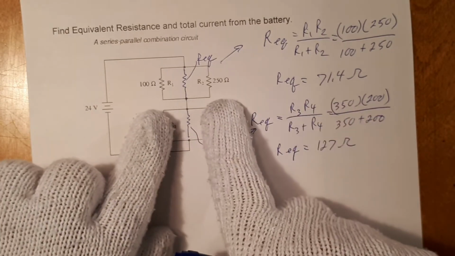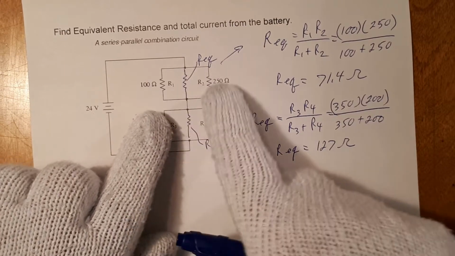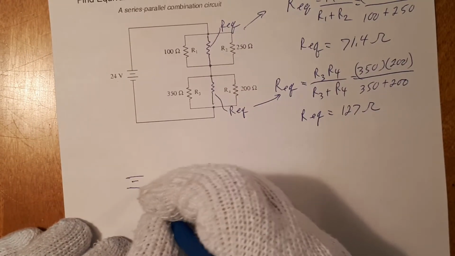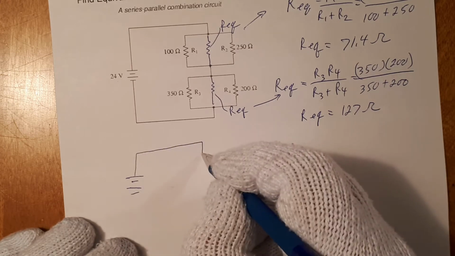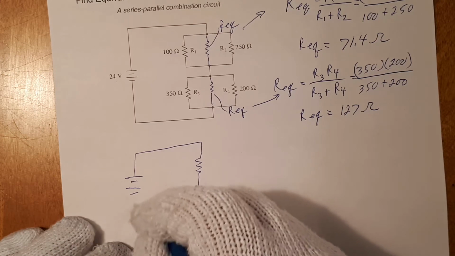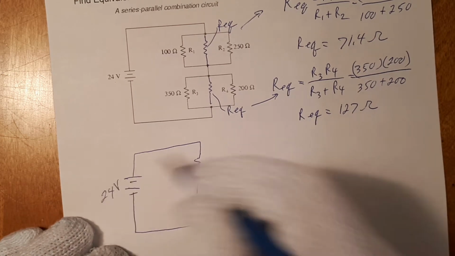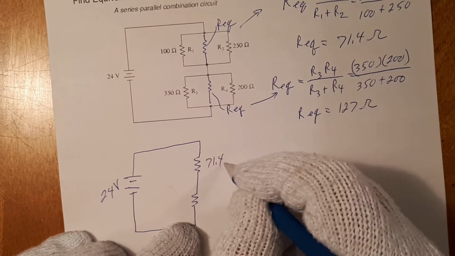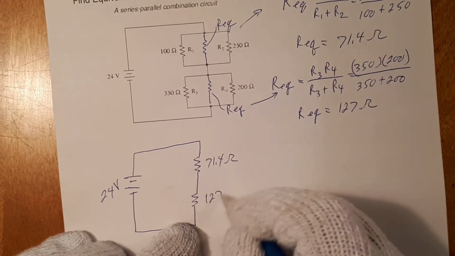And those two are no longer in my circuit. So I can redraw this circuit so it looks like this. And this is 24 volts. And the two resistances here are 71.4 ohms and 127 ohms.